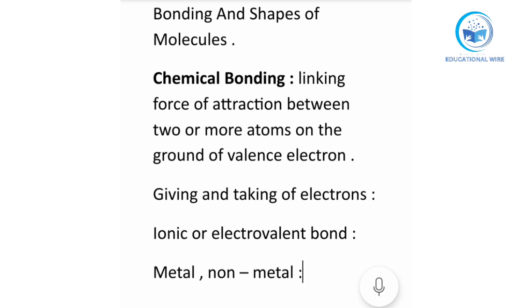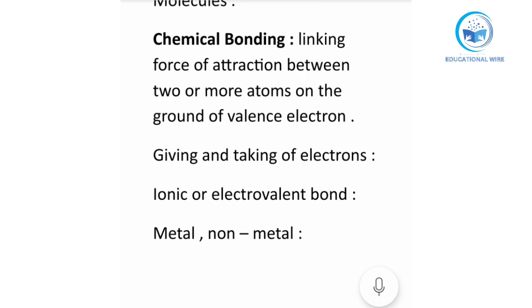Okay, talking about metal, like metal have a large atom, so that's why it's giving its electron to the non-metal, because non-metal always have small atoms. And which will give electron gets positive charge called cation, and which will gain is called anion.